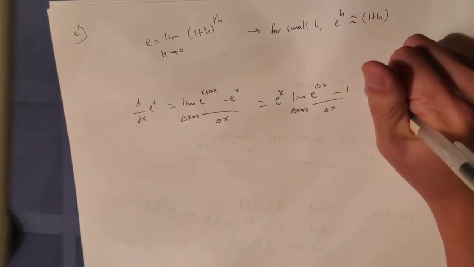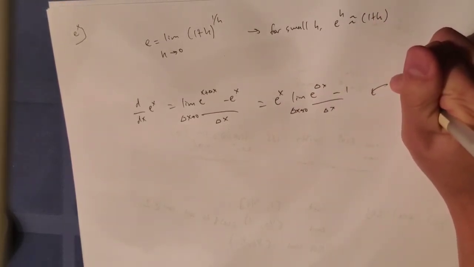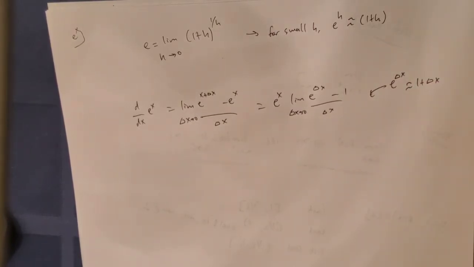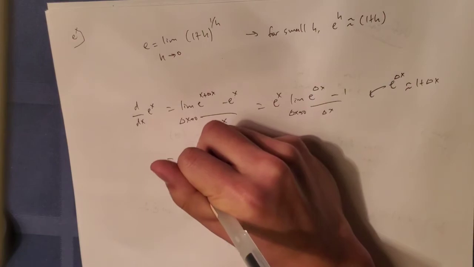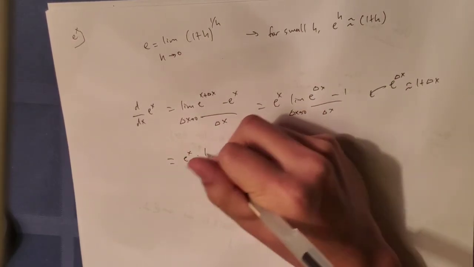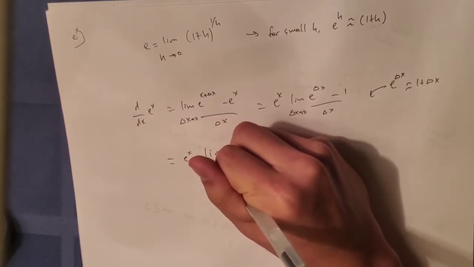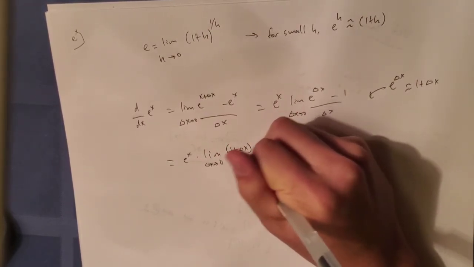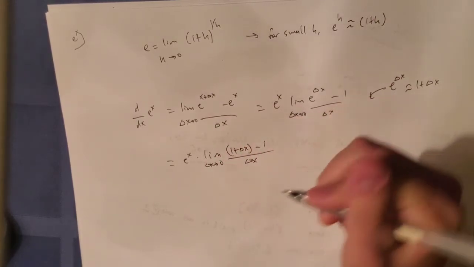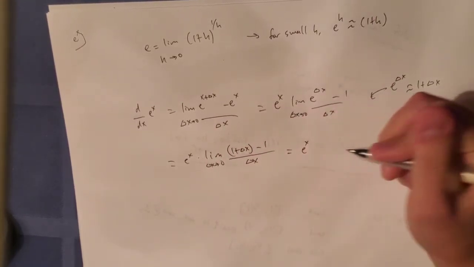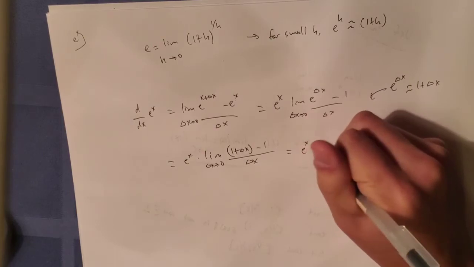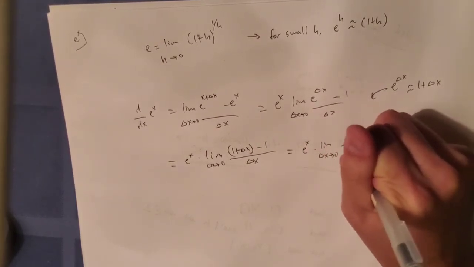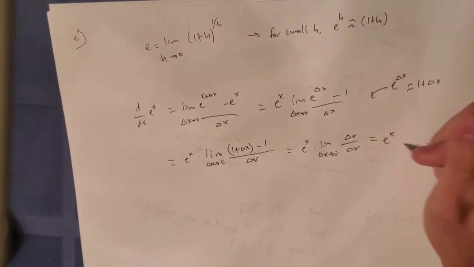So we can say here that e to the delta x roughly equals 1 plus delta x, right? So this limit will become e to the x times the limit as delta x approaches 0 of 1 plus delta x minus 1 over delta x, which equals e to the x times the limit as delta x approaches 0 of delta x over delta x, and this will just equal e to the x.